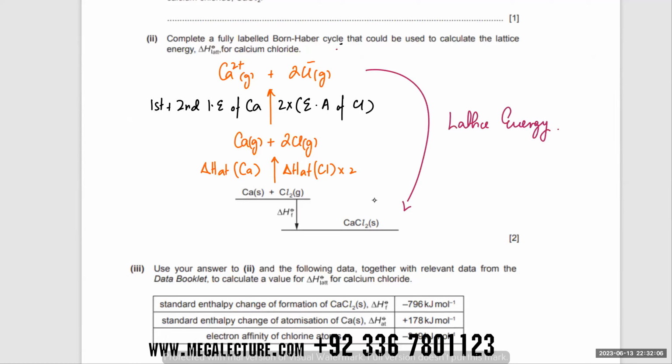So again, they've given you some of the values. The values that are given are what? The enthalpy of formation is given, that's minus 796, so that's this part. Atomization of calcium is given, this one, it's 178.